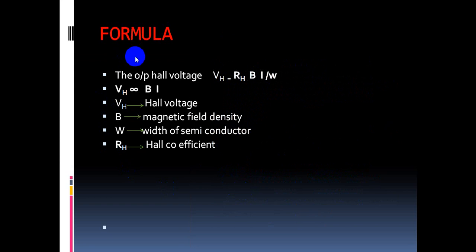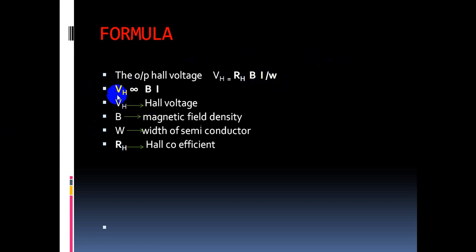Here is the formula. The output Hall voltage is always equal to RH into B into I by W. Here RH is called Hall coefficient, B is called magnetic field density, I is the amount of current, W is the width of the conductor or semiconductor.